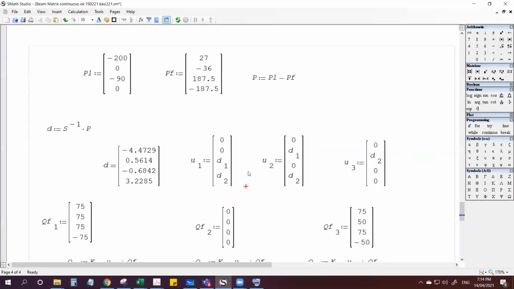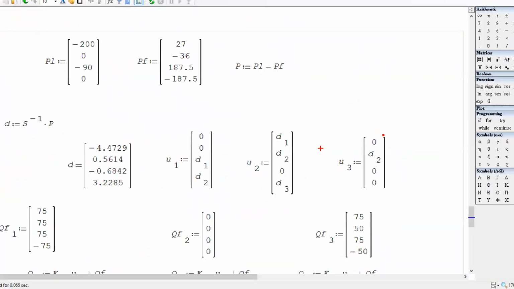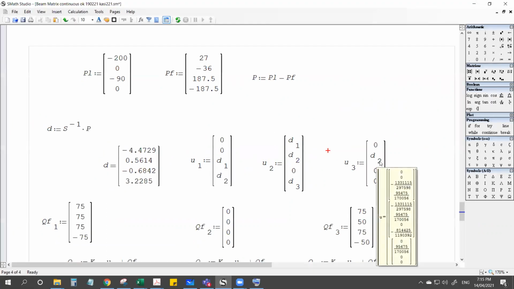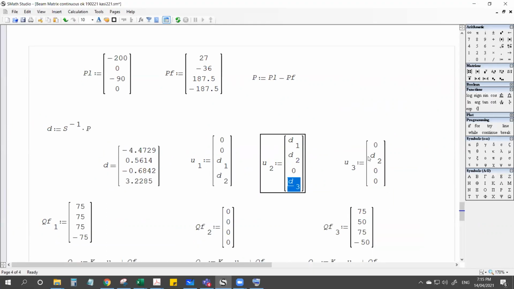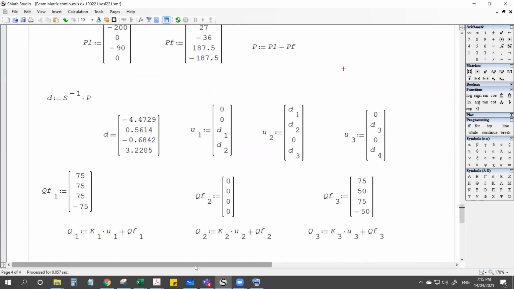Copy, this will be D2, this will be D3. Finally, for U3, we have 0, and then D3, and then D4 here. So D3, D4. Okay, that's it.